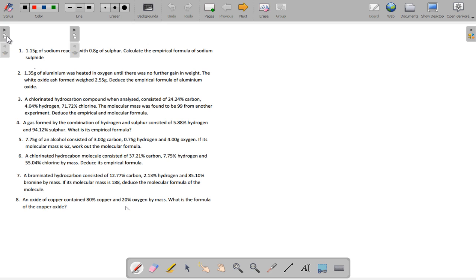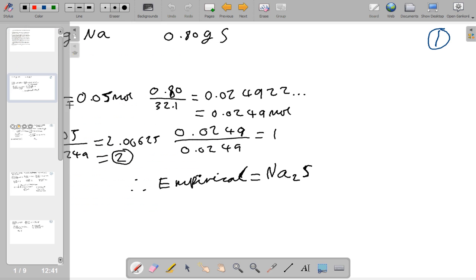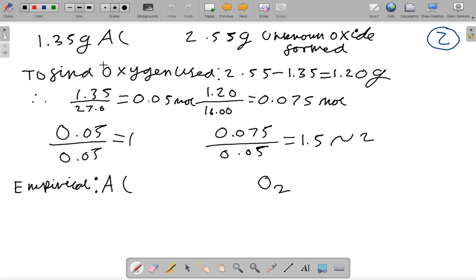Okay, moving on to question 2. 1.35 grams of aluminium and 2.55 grams of the unknown oxide formed. So to find the oxygen used, we need to take 1.35 from 2.55, which is 1.2 grams. 1.35 over 27.6 is 0.05 moles, and 1.2 over 16 is 0.075 moles.